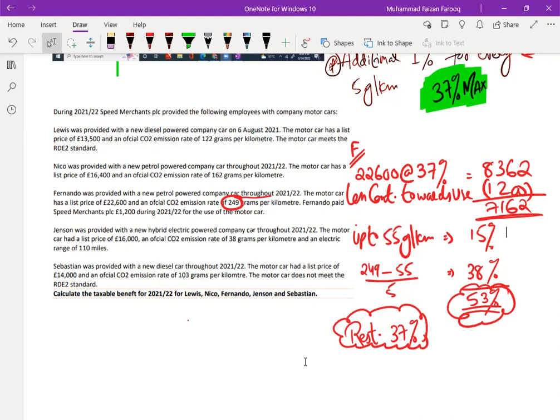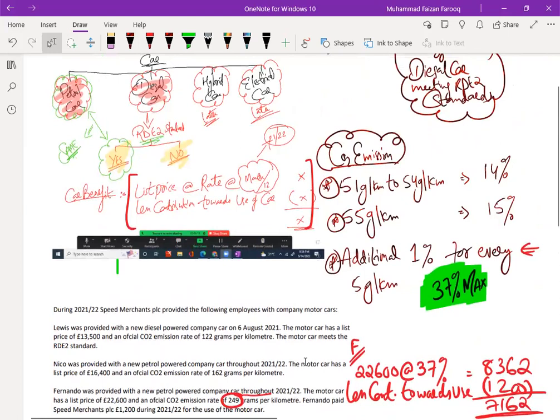Speed merchant is your employer. Did you pay any amount to your employer or no? Yes, you paid something. If you paid something, it means a reduction in your benefit. If you return money to the employer, it is a reduction in benefit. As per the format, if you pay anything to your employer, we deduct it from the final answer, known as contribution towards use of car.